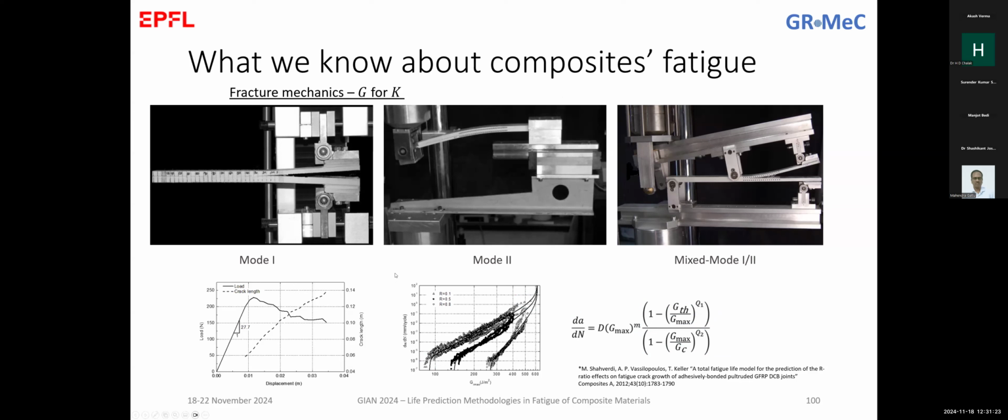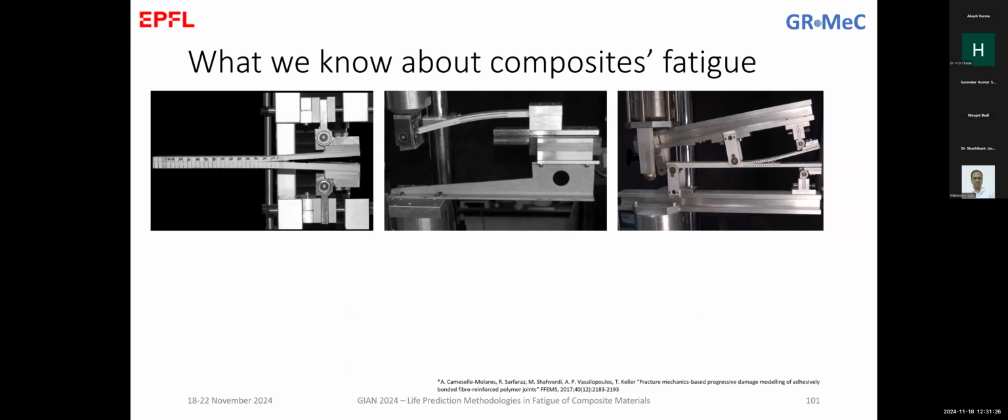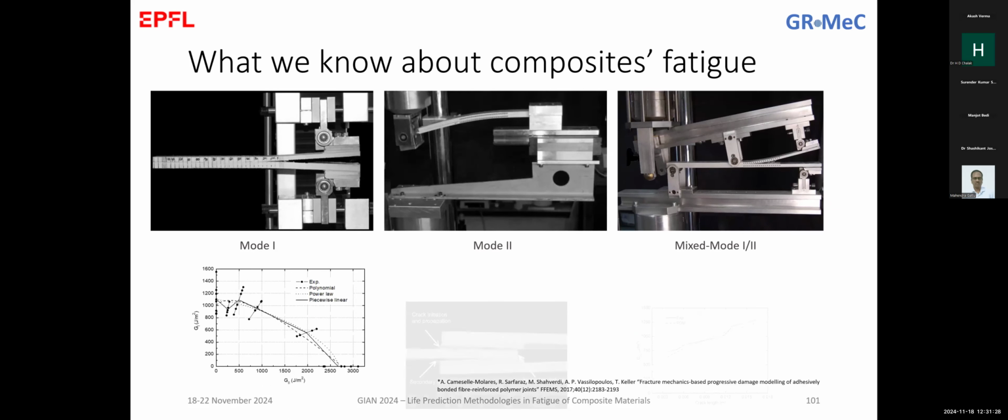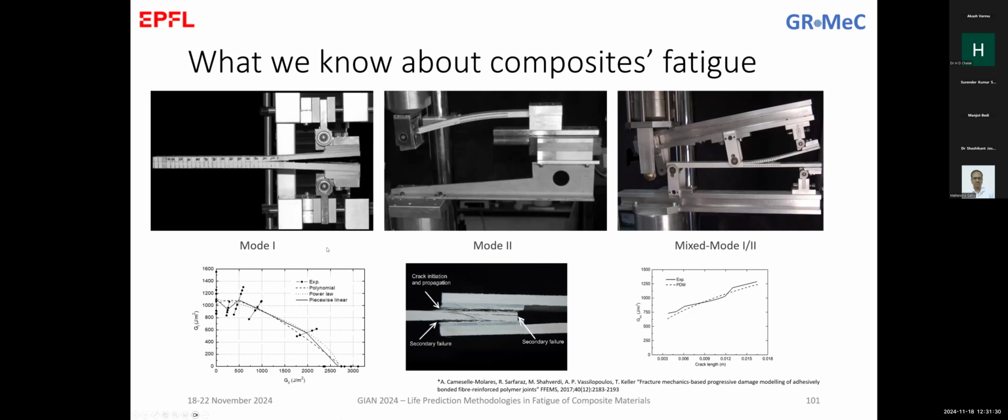So we did testing in different modes. And then by using this testing, you can develop failure criteria, which we'll see on Wednesday and Thursday, to model and predict the behavior of joints that are using the same materials as those investigated in the fracture mechanics joints and are failing in similar ways.